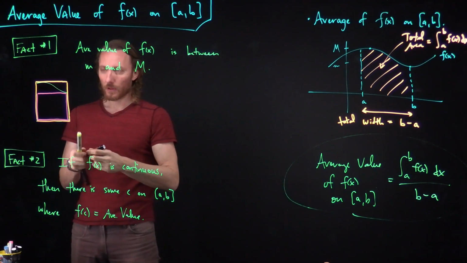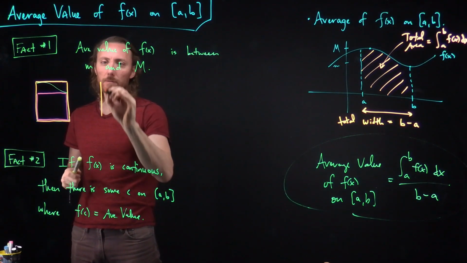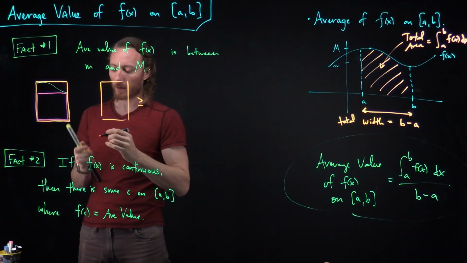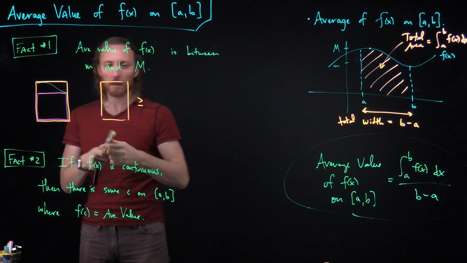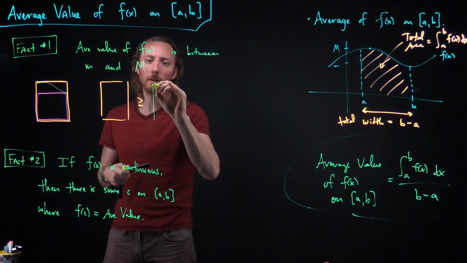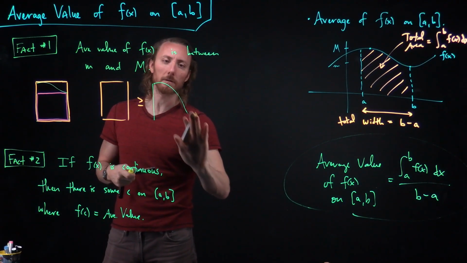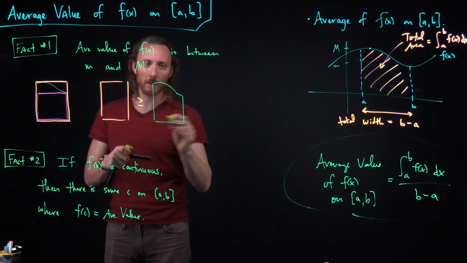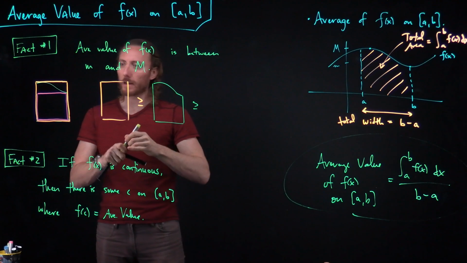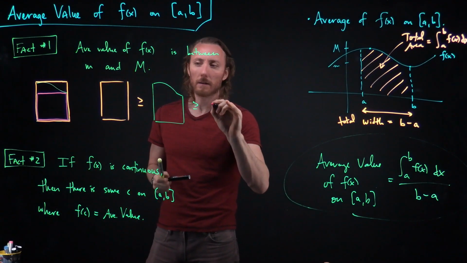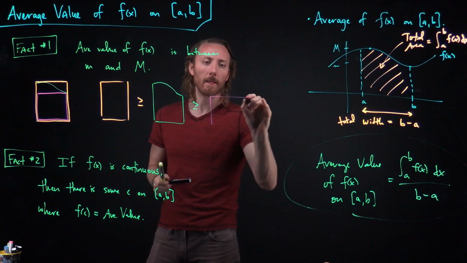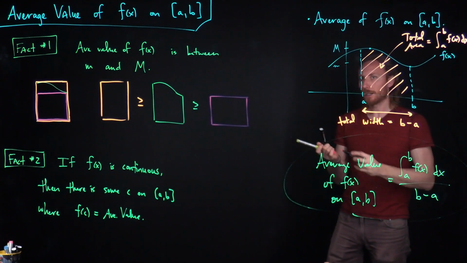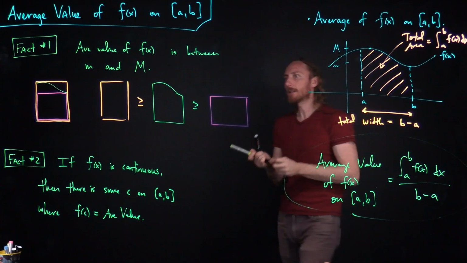And in fact, the area defined by the maximal rectangle is the biggest. This is going to be bigger than or equal to the area defined by the function's graph, which has more area than the minimal rectangle. But now we can compute each of the areas of these regions, right?